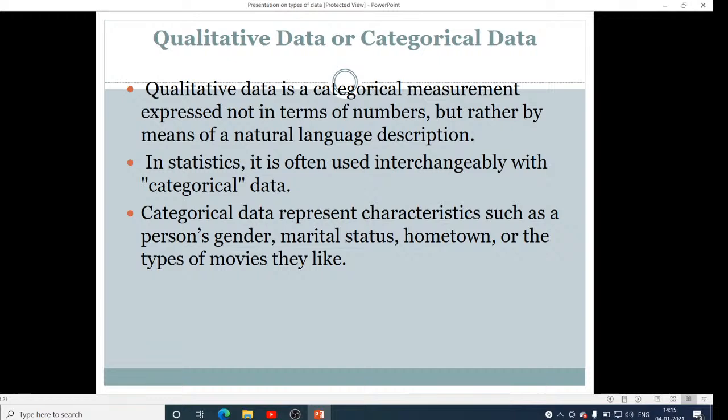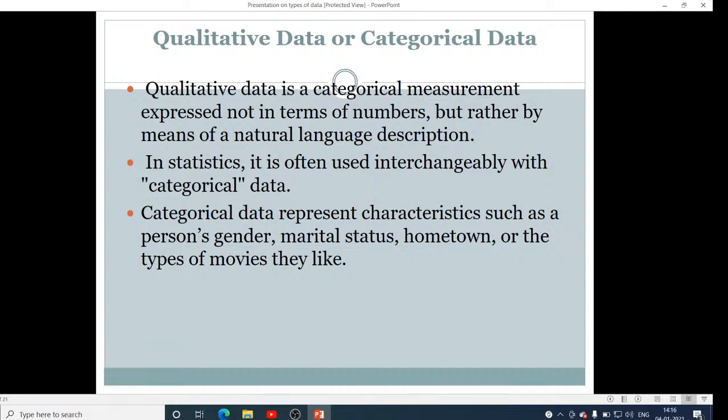In the previous slides, what we observed is that quantitative data means it can be counted and measurable. We can count and we can measure the data. Qualitative means we can't measure the data, but we can describe it in natural language description.